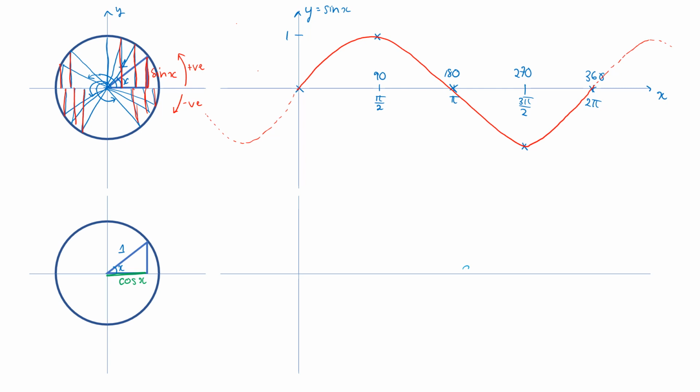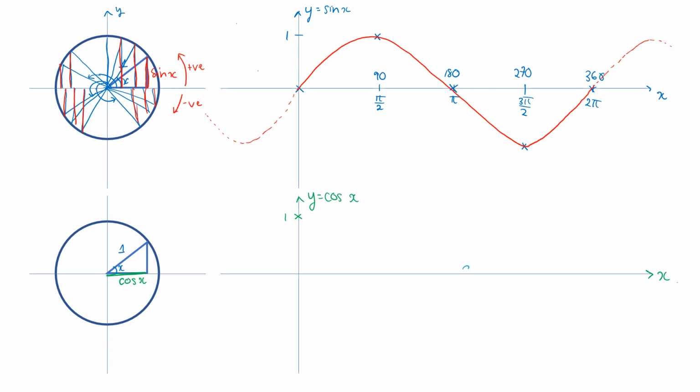Now, thinking back again to where our angle is 0, we would have no triangle effectively, or in fact a triangle of no height, in which case the base of that triangle is the full length of the radius at that point. So when x is 0, cos of x is the full length it could possibly be, i.e. it's 1.